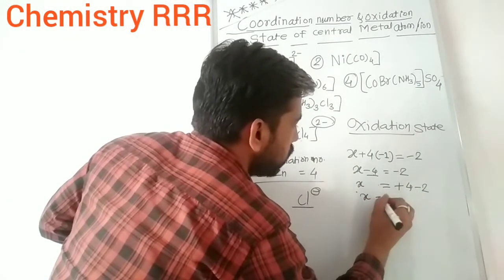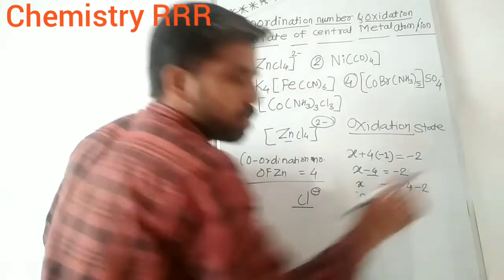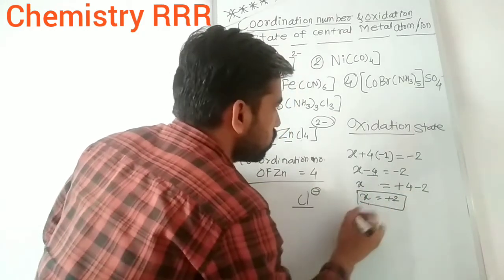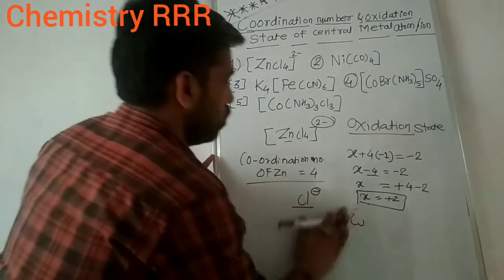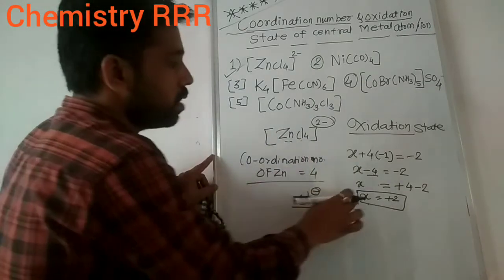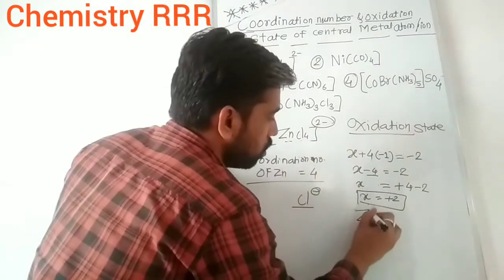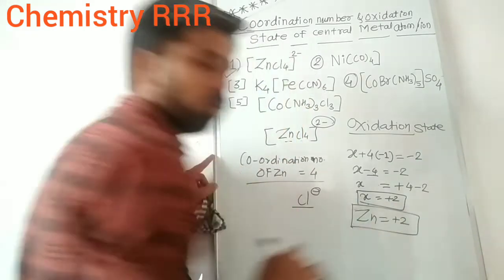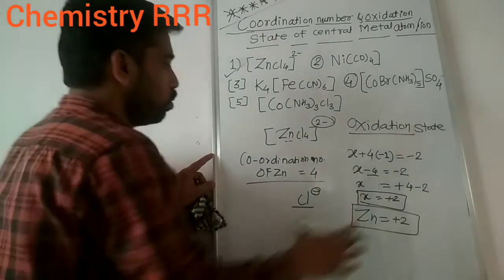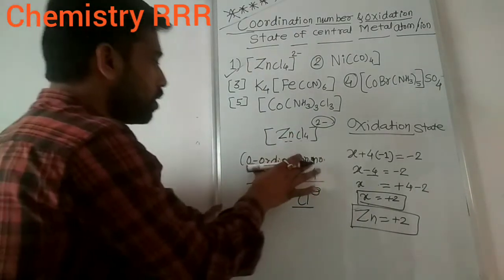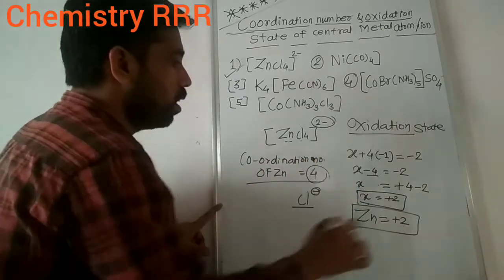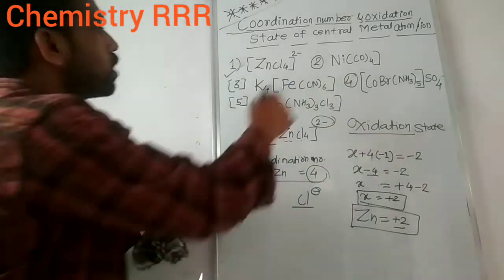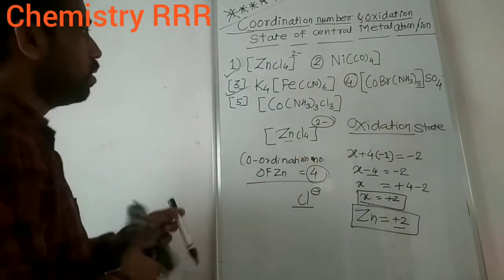So X is equal to +4 -2, that is +2, and X is the central metal atom. So zinc has the +2 oxidation state. In this complex, the coordination number of zinc is 4 and the oxidation state is +2.